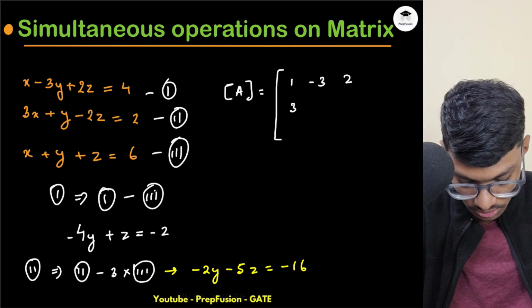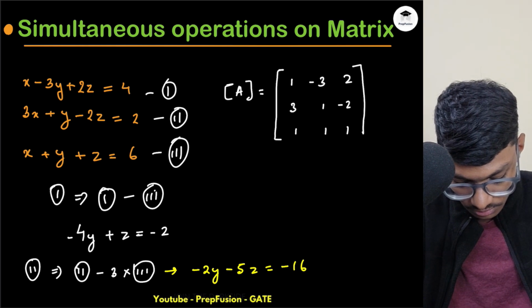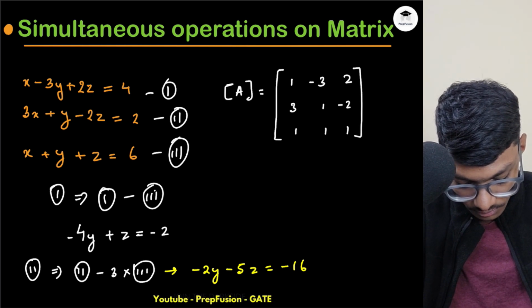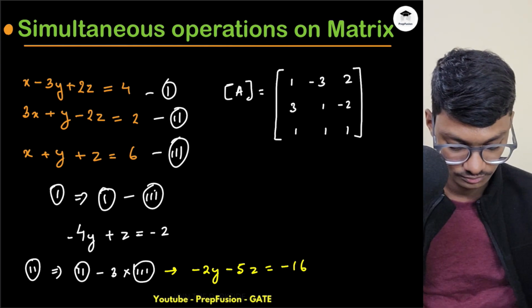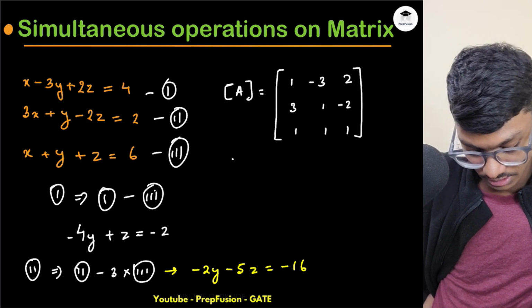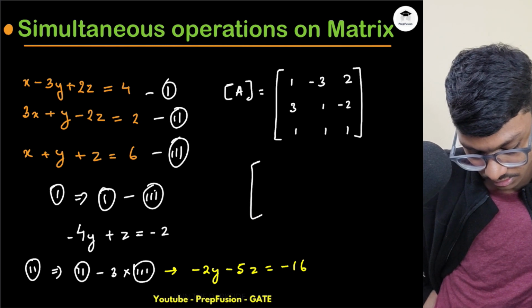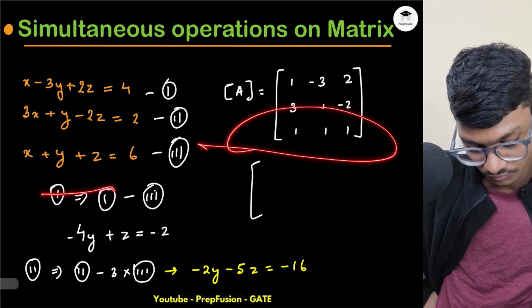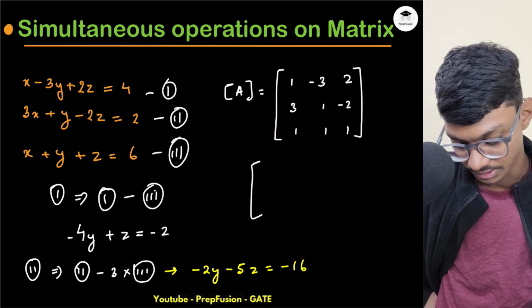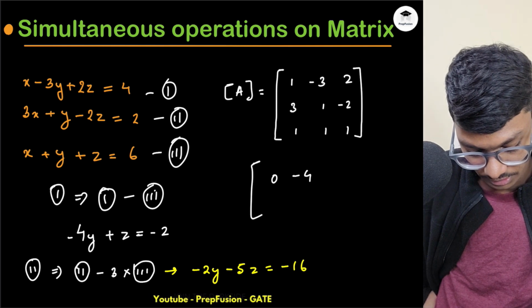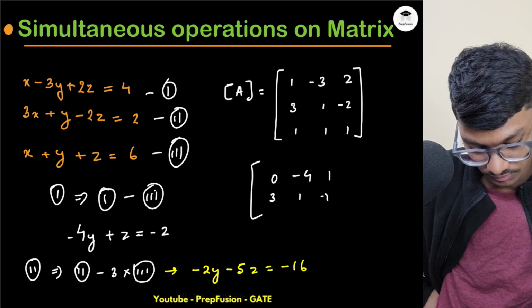Minus 2, 3, 1, minus 2, 1, 1. So what did we do? We simply subtracted the first row from the third row. So this will become 0, minus 4, 1, and this one was remaining here.